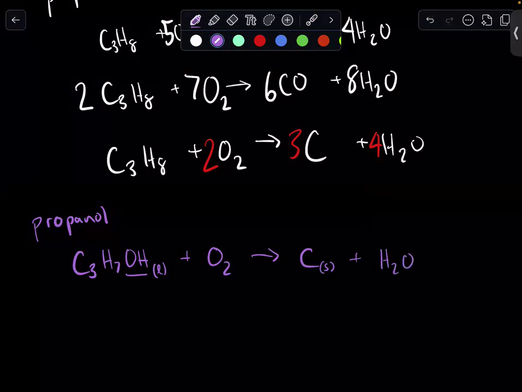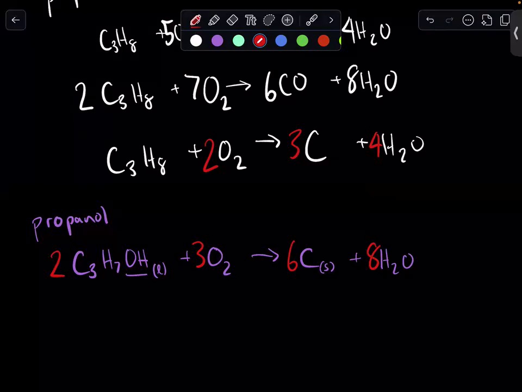In this case, we would have to actually have 8 to 6 to 2 to 3. So once again, we have an incredibly limited oxygen environment here.